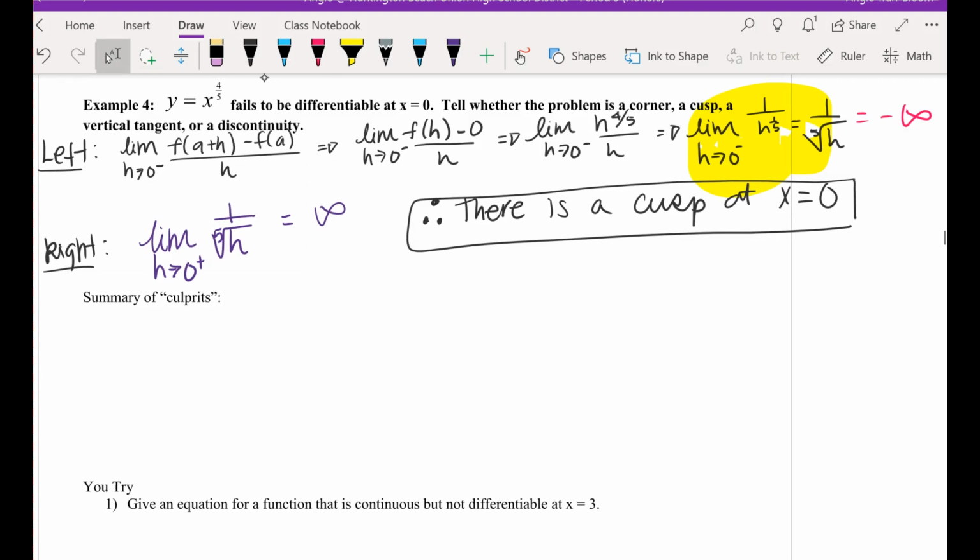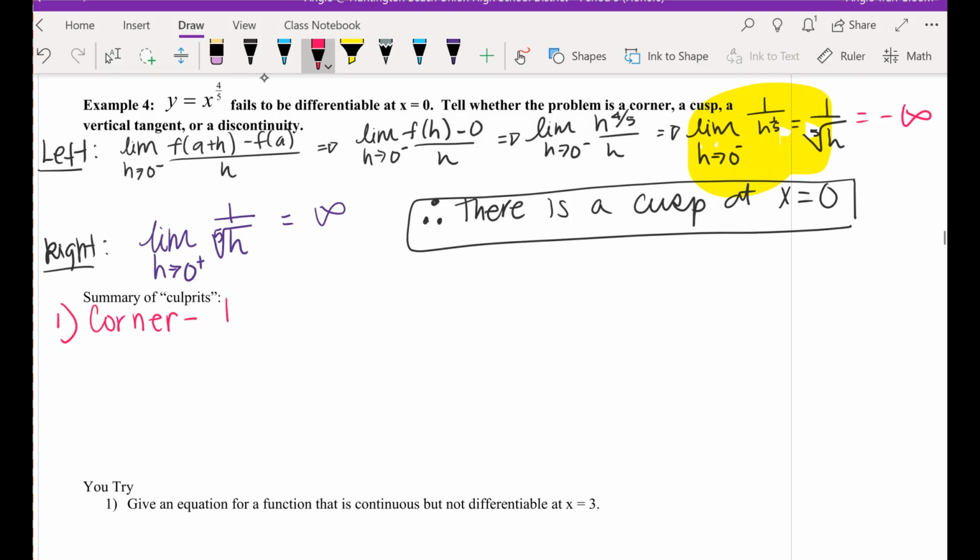Okay, summary of the 4 non-differentiabilities in your own words. I don't want it copied and pasted from our original definition. What's the first non-differentiability? What was it called and how do we find it? Corner. In your own words, how do we decide if it's a corner or not? Left and right derivatives are different.